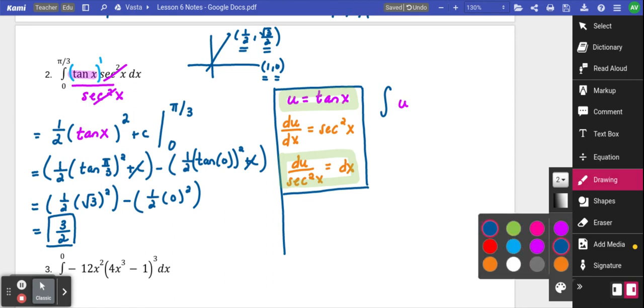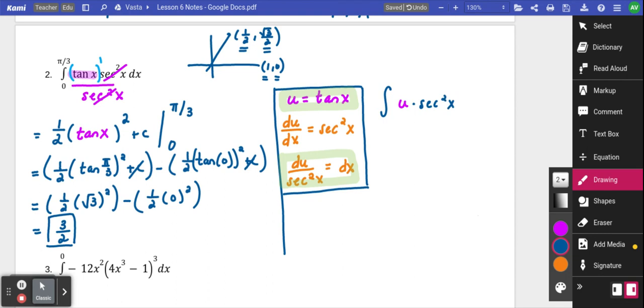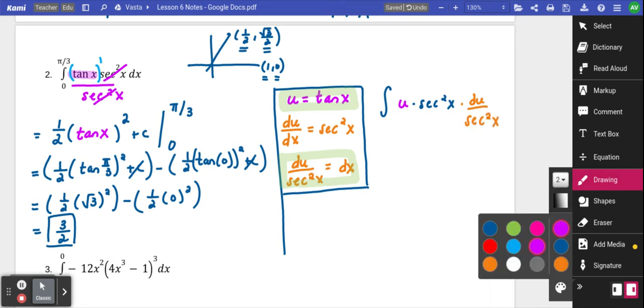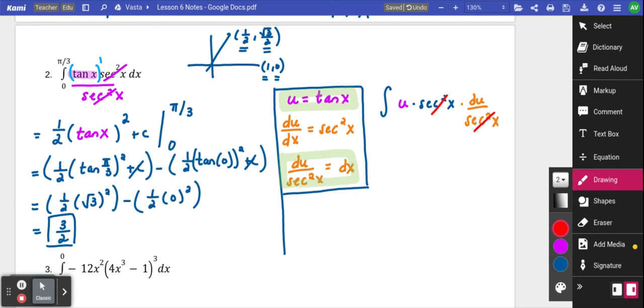Then I'm going to copy down the secant squared from the original problem. And instead of writing the dx, I'm going to write du divided by secant squared of x. Now remember, just like in the original way we did this problem, we should realize at this point that the secant squareds cancel, just like we did over here at the very beginning of the problem.